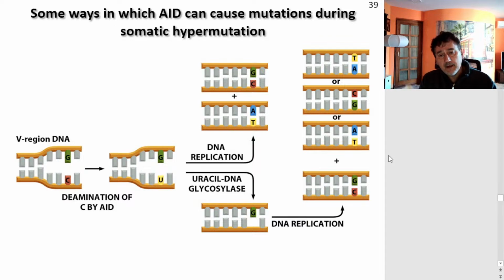But there is also a second selection round, which means that those plasma cells which have the highest specificity, to be more precise, the antibodies with the highest specificity, will be selected.